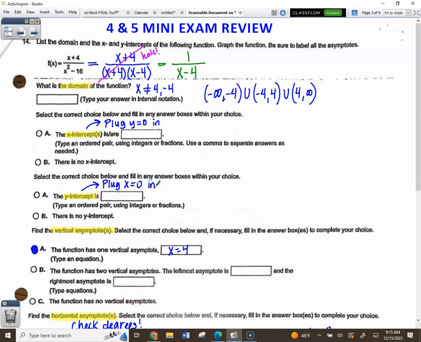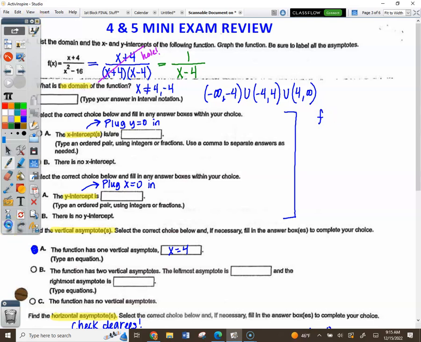Okay, so let's look at it. Go to the original two. You don't want to go to your clean one, the green one that is simplified. So for this right here, I'm going to copy the problem. So we've got y equals 1 over x minus 4.